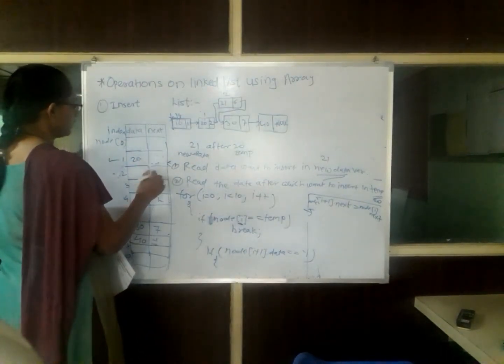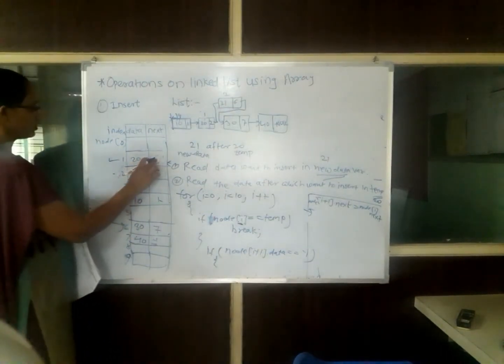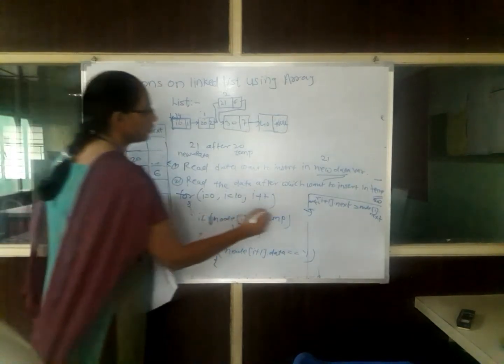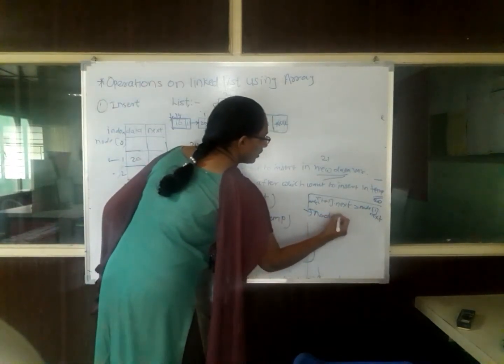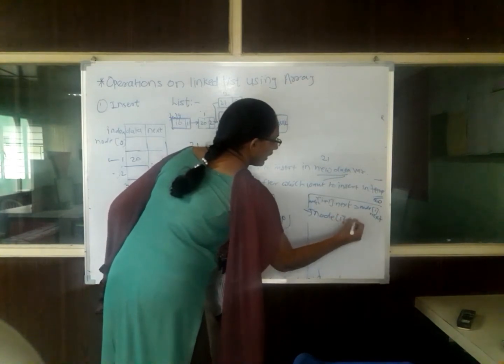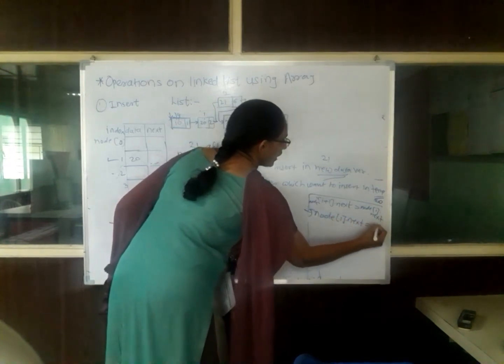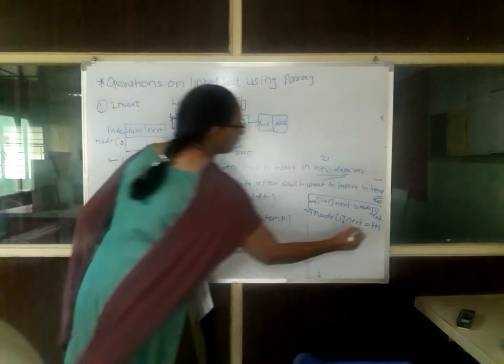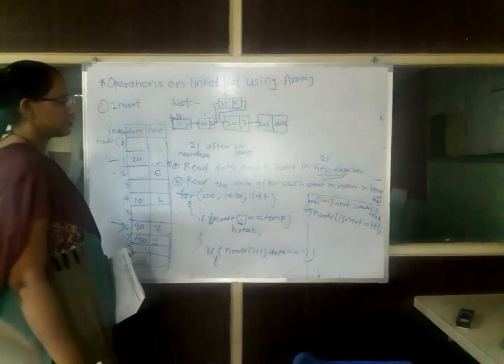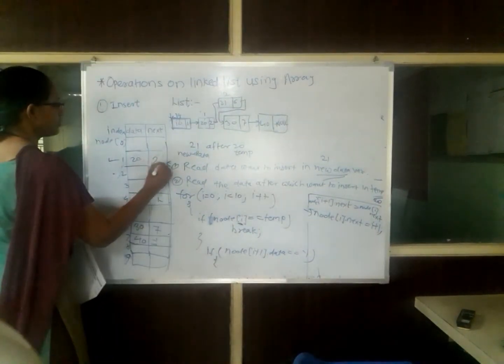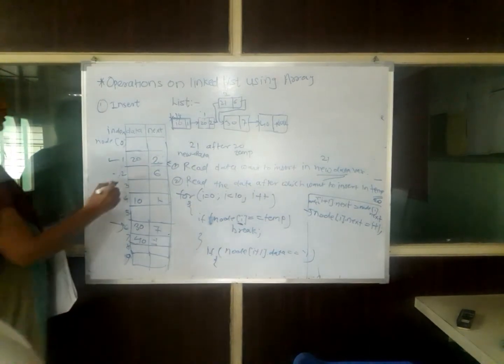Here, now here is 6. What do we want here? This one. So node i next is equal to i plus 1. So it becomes 2. Now what do we have to put?